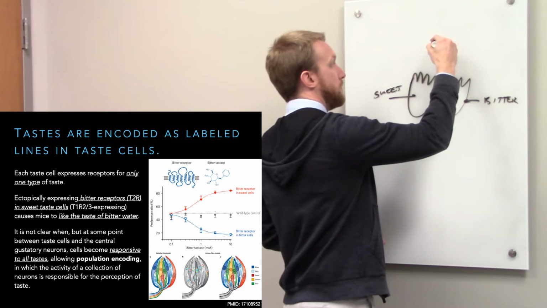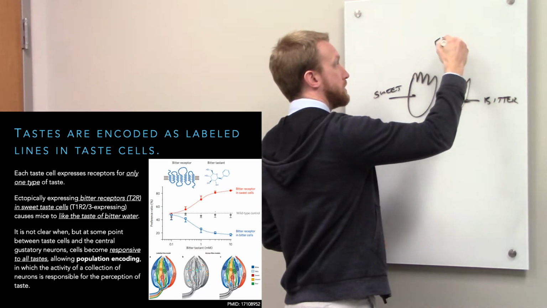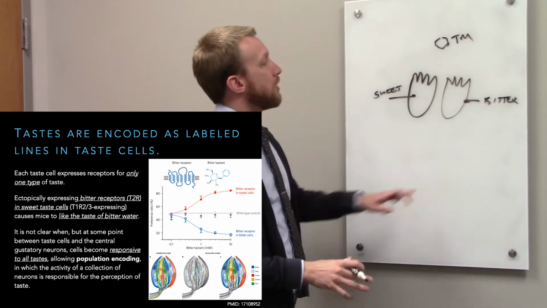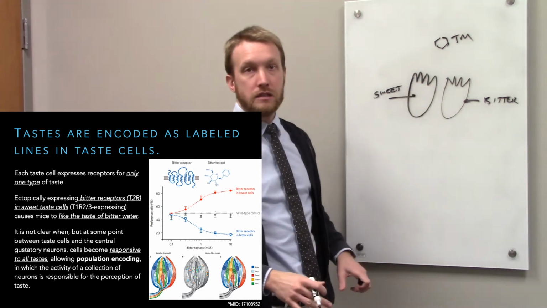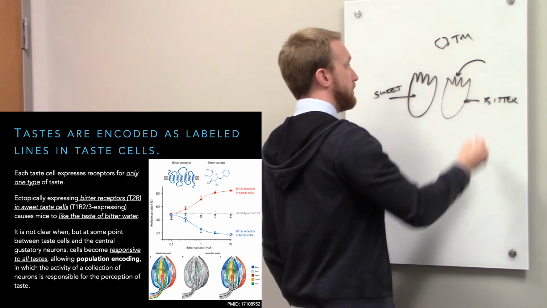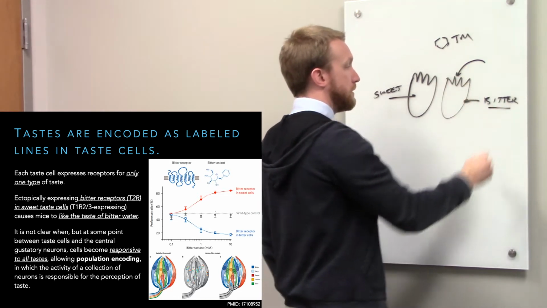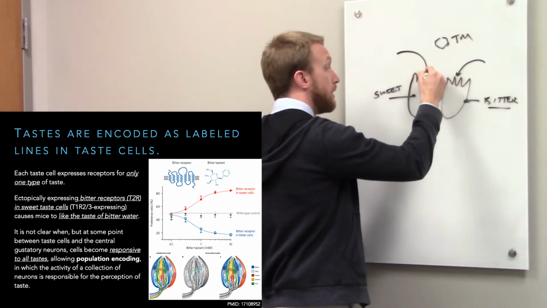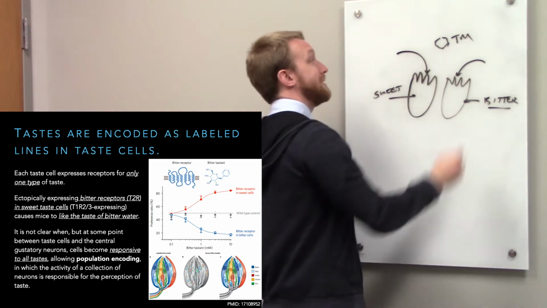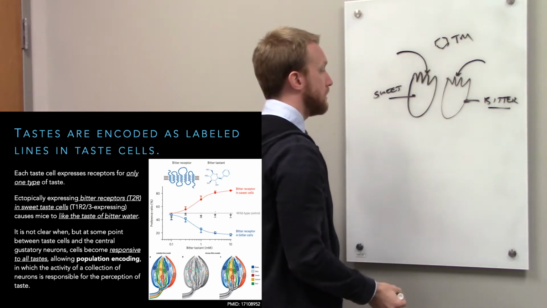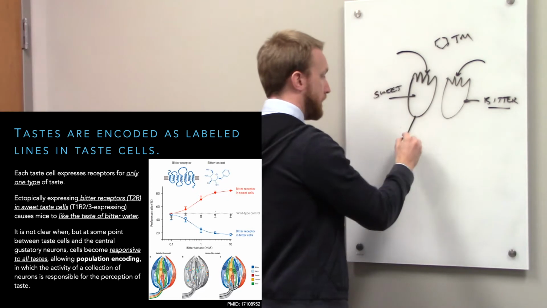And so we have some novel taste molecule here, TM, taste molecule. Now normally this doesn't bind to either of these in mice. If we put our bitter receptor here, then we sense bitter. Mice don't like it. On the other hand, if you put the same receptor into sweet cells, the same bitter component now tastes sweet.